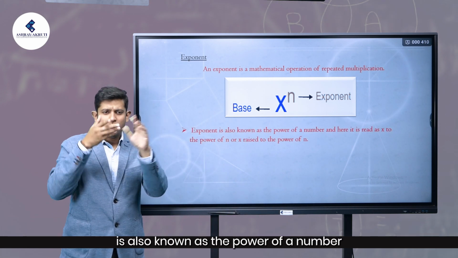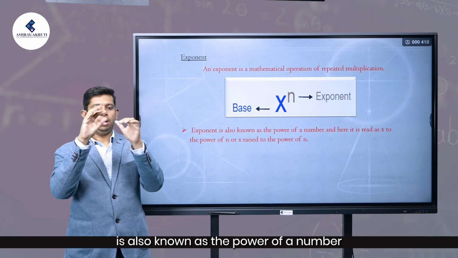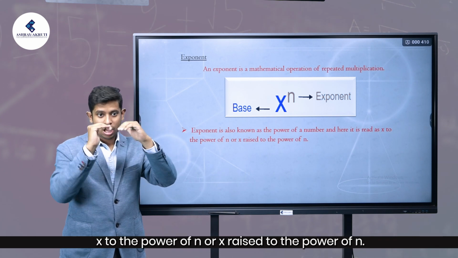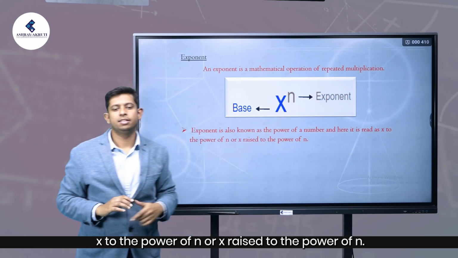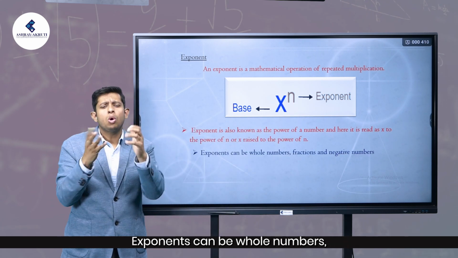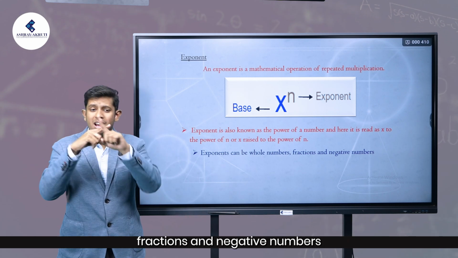Exponent is also known as the power of a number, and here it is read as x to the power of n or x raised to the power of n. Exponents can be whole numbers, fractions, and negative numbers.